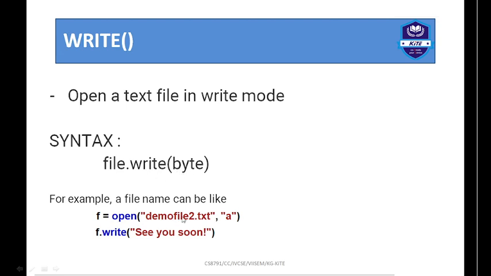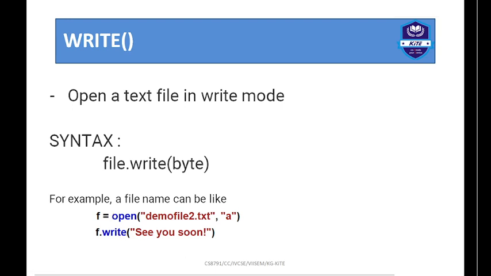We need to open the file in W mode or append mode and store the address in a handle. File handle dot write of, see you soon. So here the file called demo file 2, which is a text file, has been opened in append mode. The text see you soon has been appended to the pre-existing content using the write method.